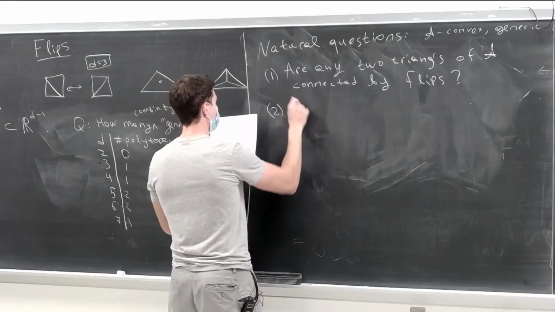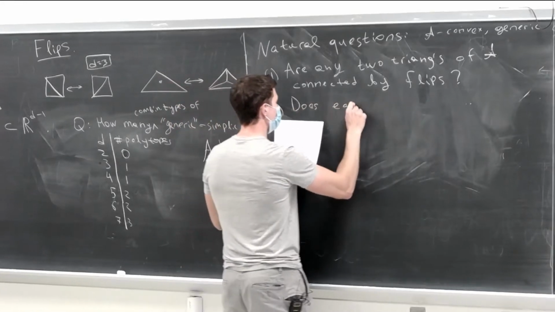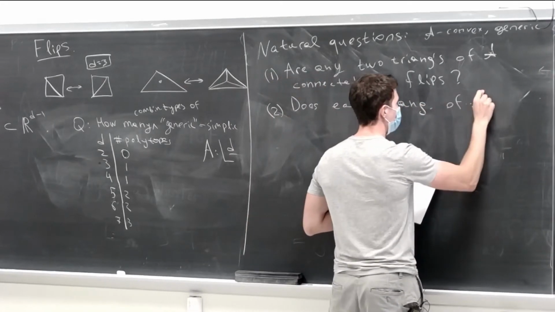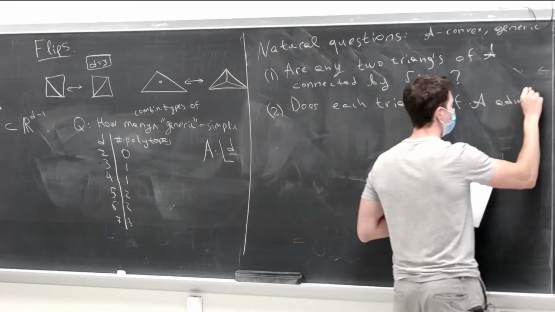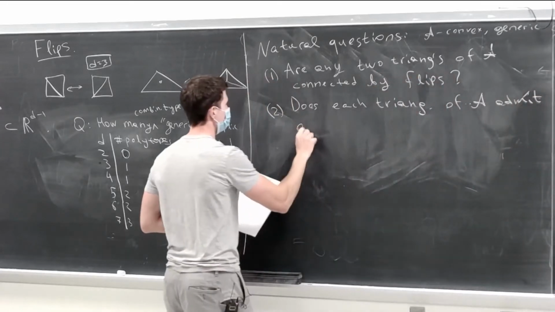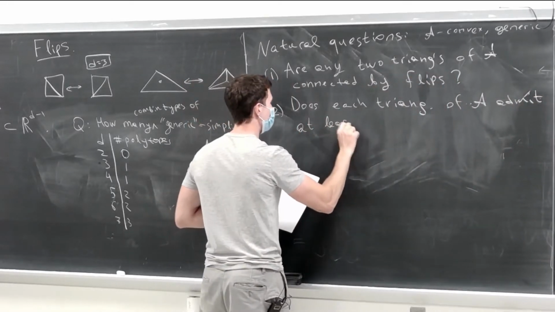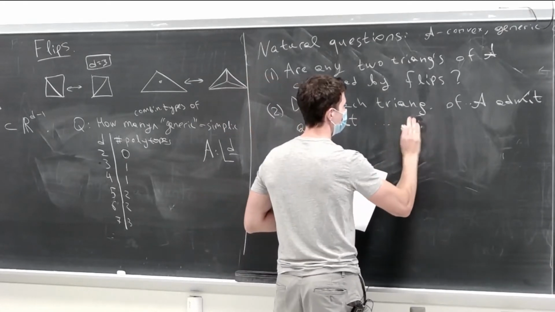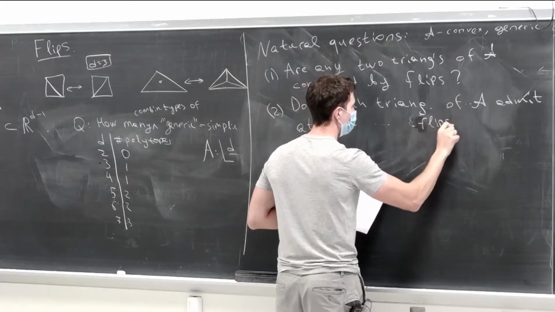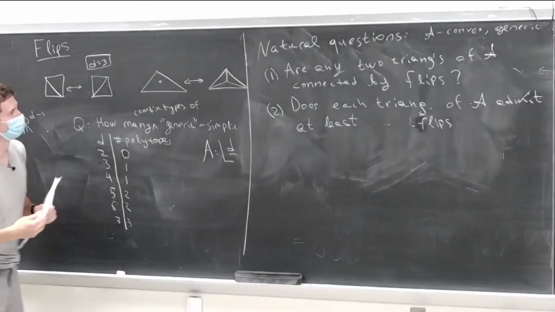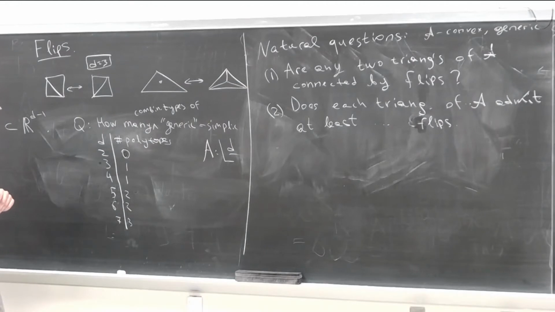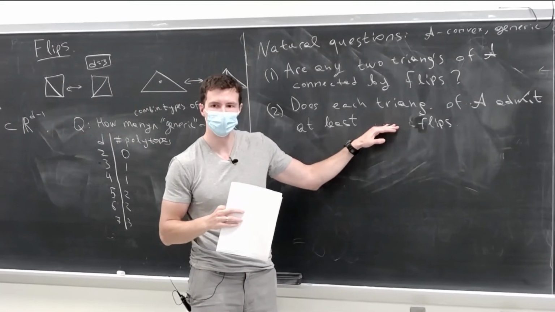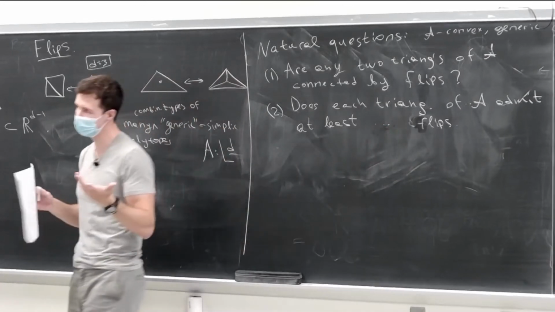The second is, does each triangulation of A admit at least some number of flips? Let's actually try to guess this number. What do you think the natural guess for the minimal number of flips is in terms of n and d?